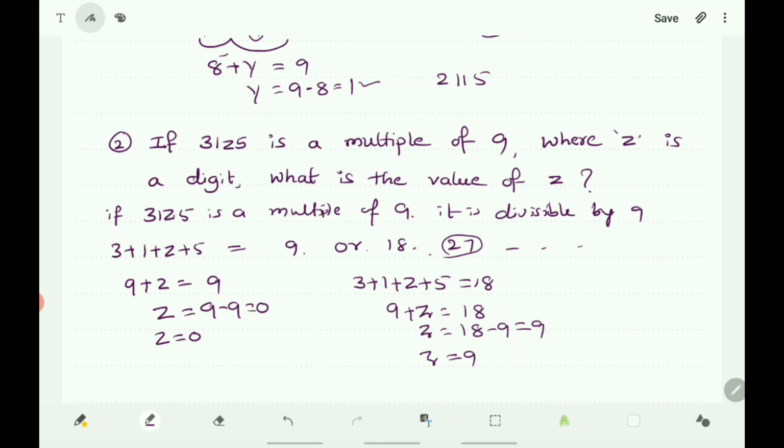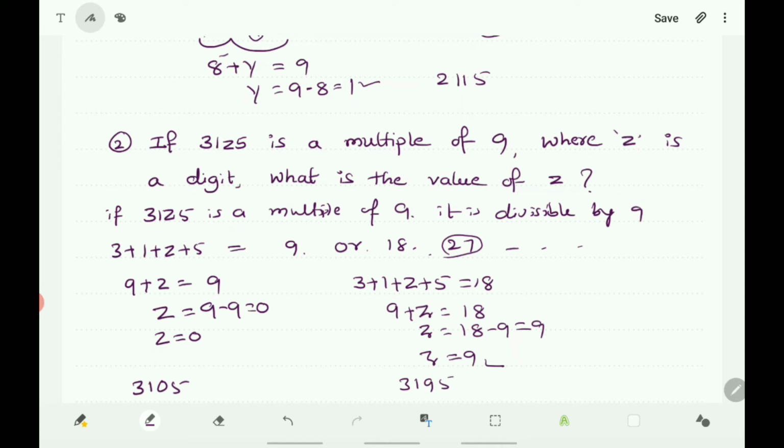Therefore, if 31z5 is a multiple of 9, z is equal to 0 or z is equal to 9. So if z is equal to 0, the number becomes 3105, and if z is equal to 9, the number becomes 3195.